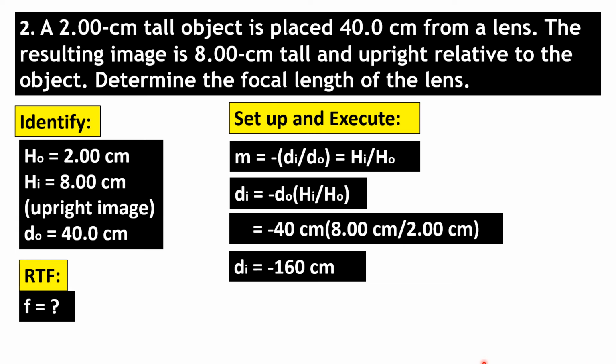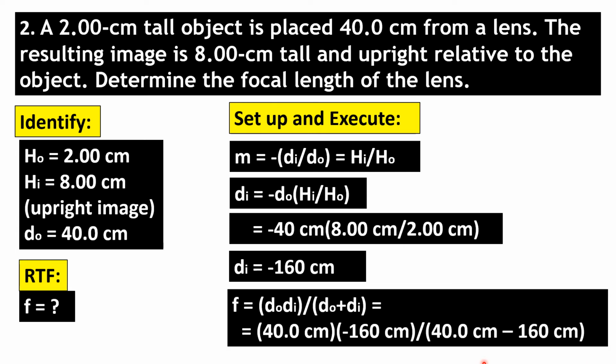The formula for focal length is, again, the shortcut formula, product over sum, meaning the product of the object distance and the image distance divided by their sum.